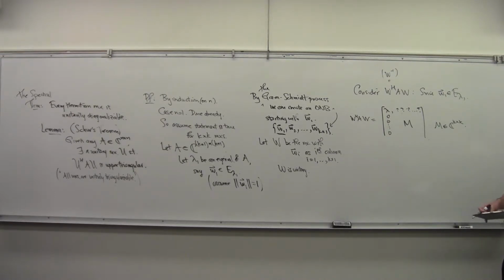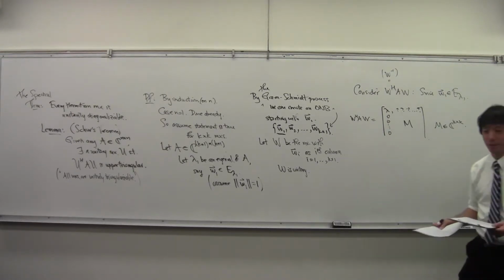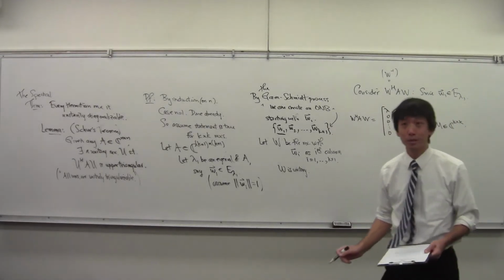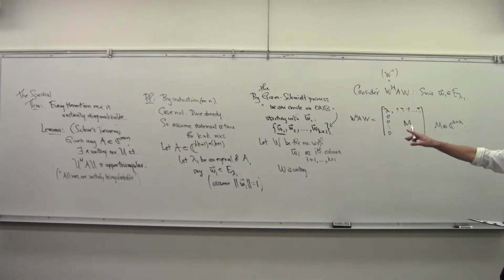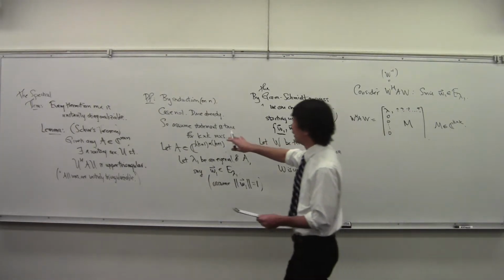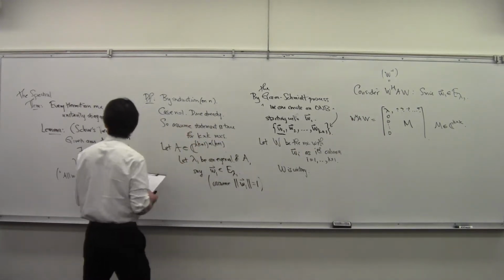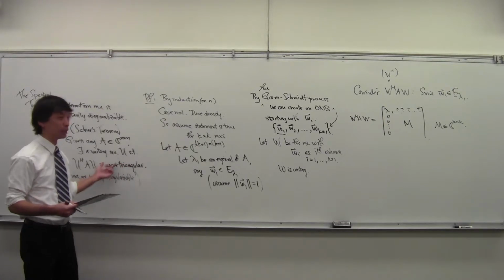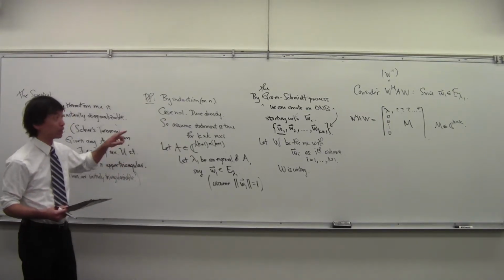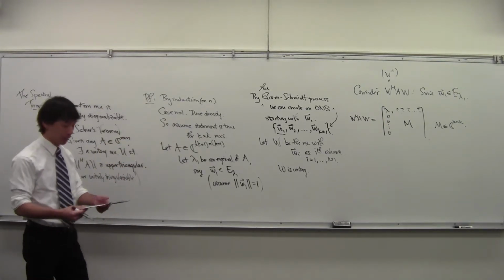So we're going to use the inductive hypothesis, right? We know that we can unitarily upper triangularize M because it's a k by k matrix.